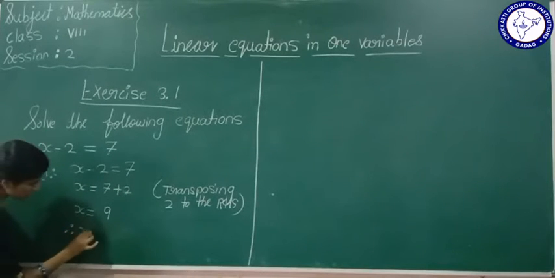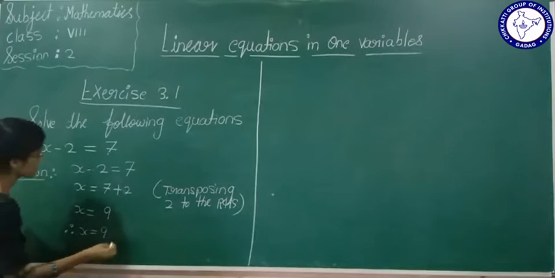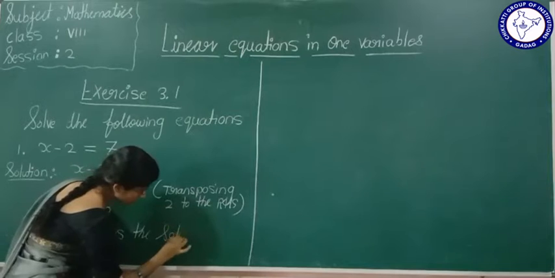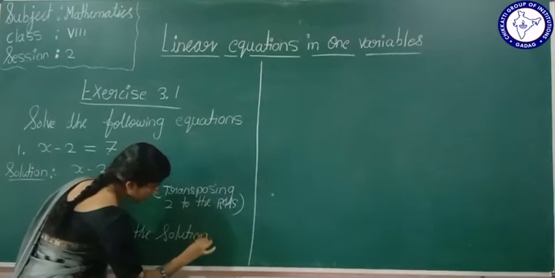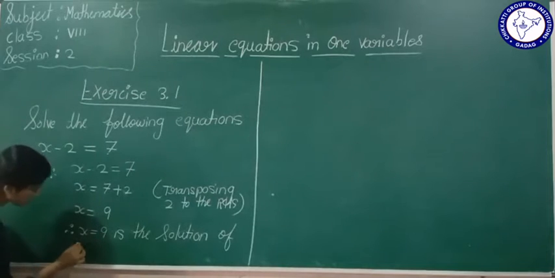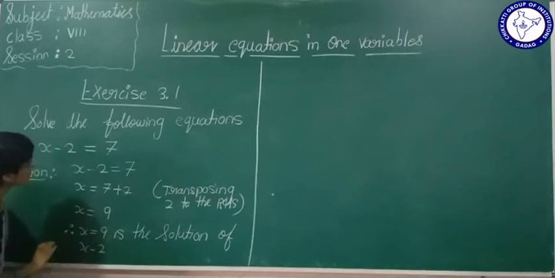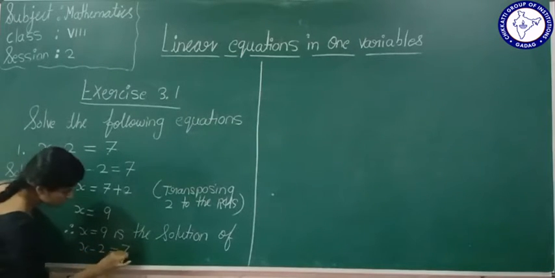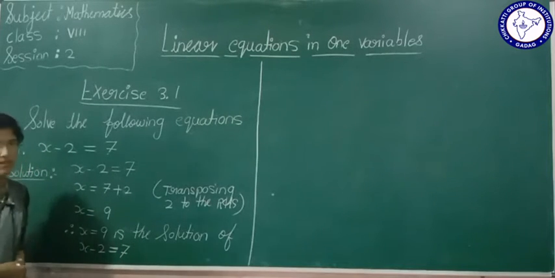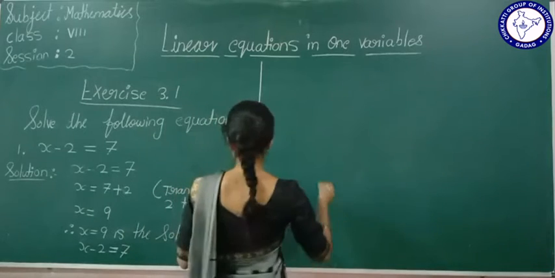Therefore, x is equal to 9 is the solution of the equation x minus 2 is equal to 7. If you want, you can verify also. See, 9 minus 2 is 7. Now we will see the second question.